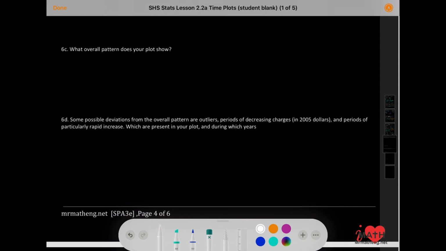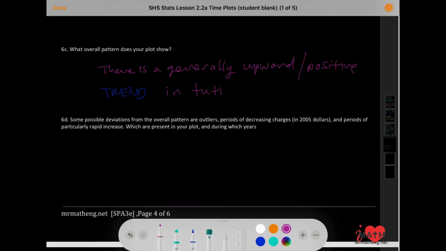So some patterns that I notice, there is generally an upward trend, positive trend. That was vocabulary we just learned today. Trend in tuition over time.